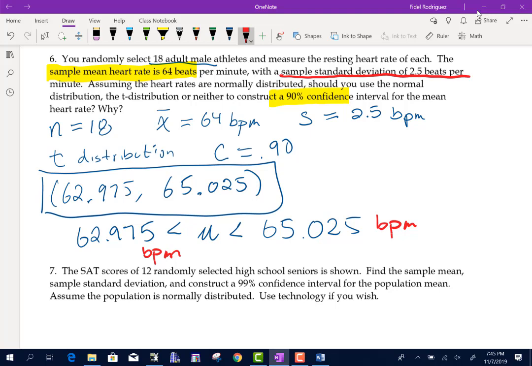I don't know. They didn't give us very much information, right? But if we were to take these male athletes, maybe all of them, and we were to find the average heart rate, right? The average heart rate of all of them should be between 62.975 beats per minute and 65.025 beats per minute. Make sense? We're good? Okay.